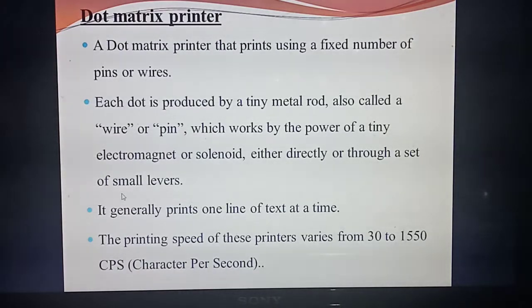Understood? Using this dot matrix printer, you can print only one line of text at a time. This is also an important 1 mark question. Using dot matrix printers, how many lines of text can you print at a time? Only one line of text at a time.